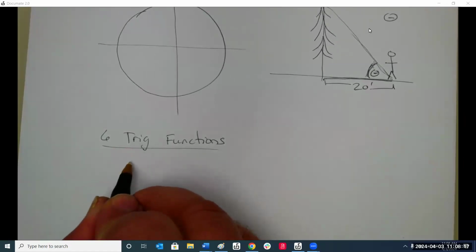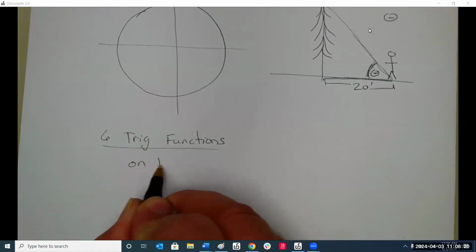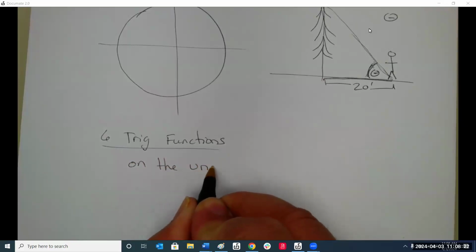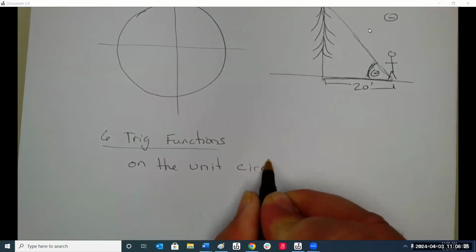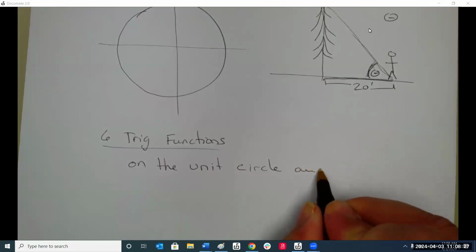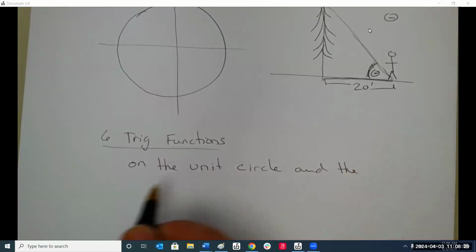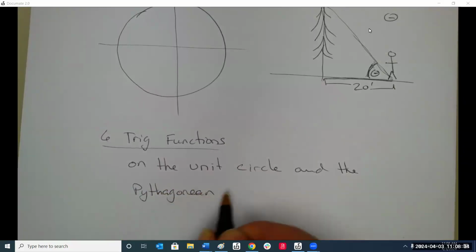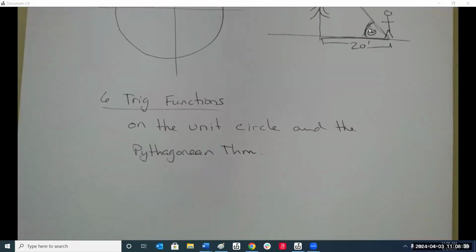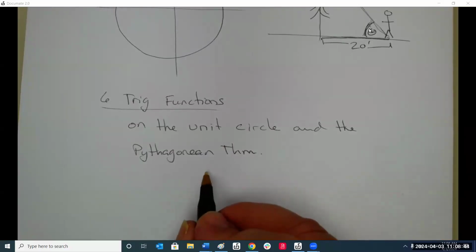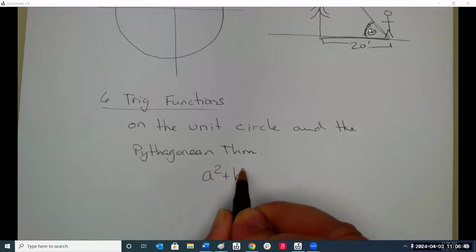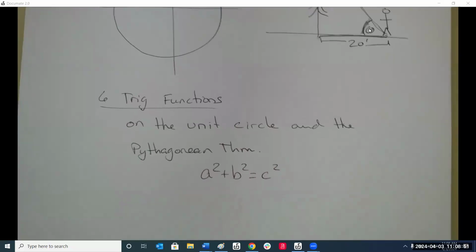And they're all based on the unit circle and the Pythagorean theorem. What is the Pythagorean theorem? Right.